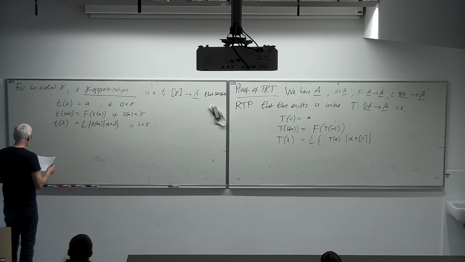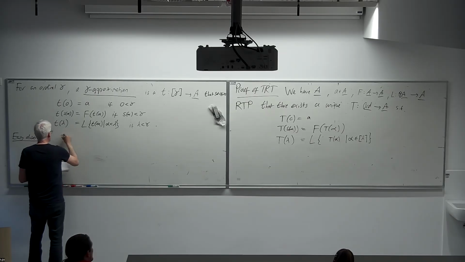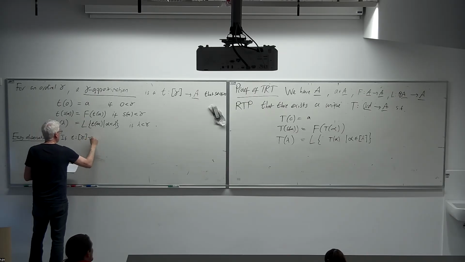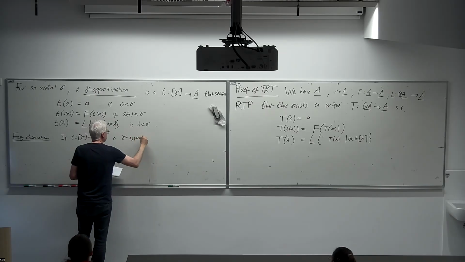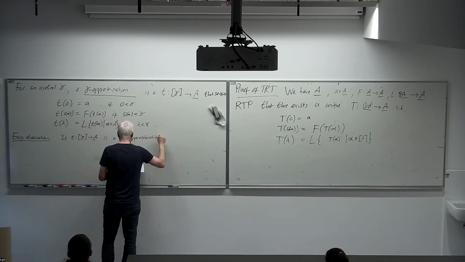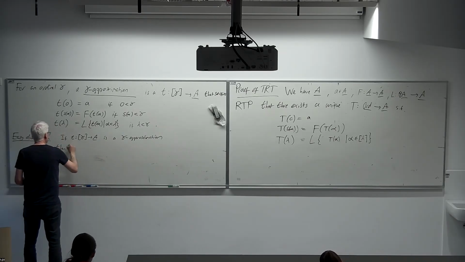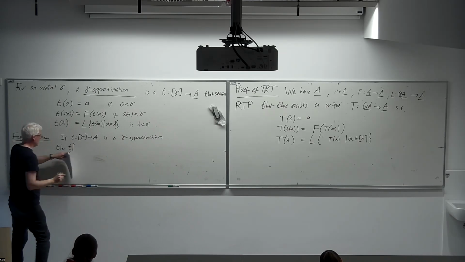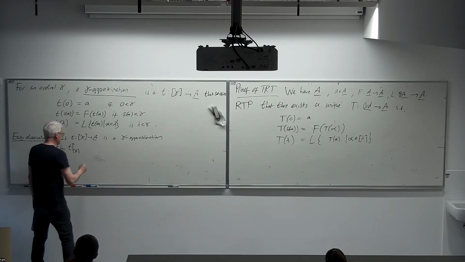And it's a trivial observation, an easy observation. But if t from gamma to A is a gamma approximation, then t restricted to, I like to use this symbol for restricted to, the ordinals strictly below beta.